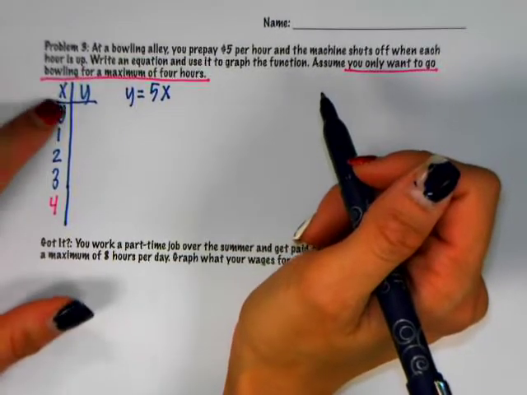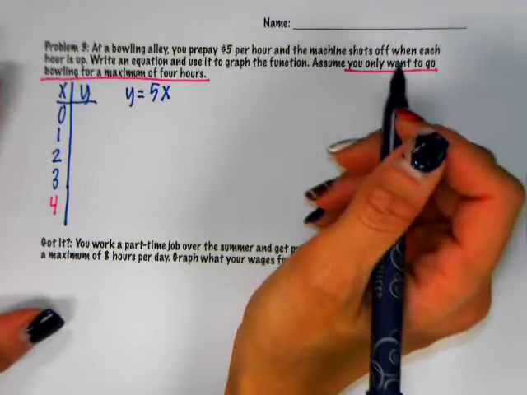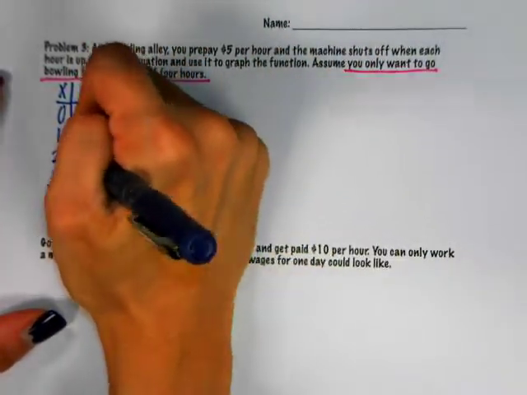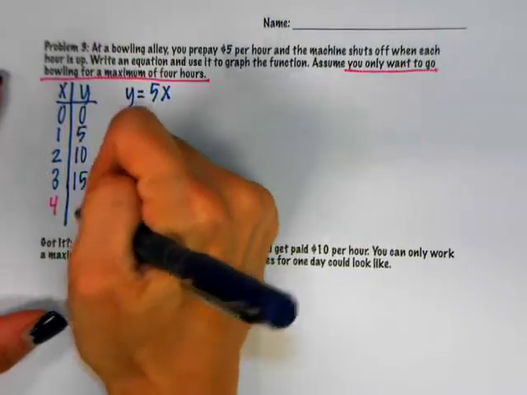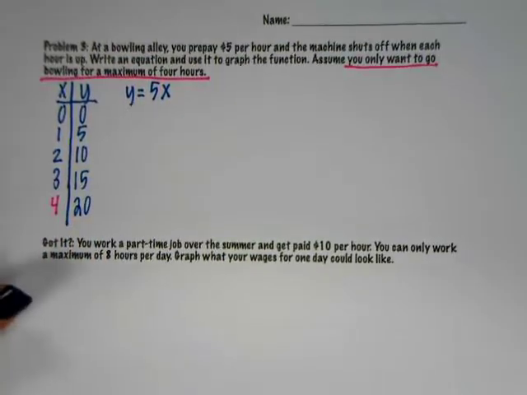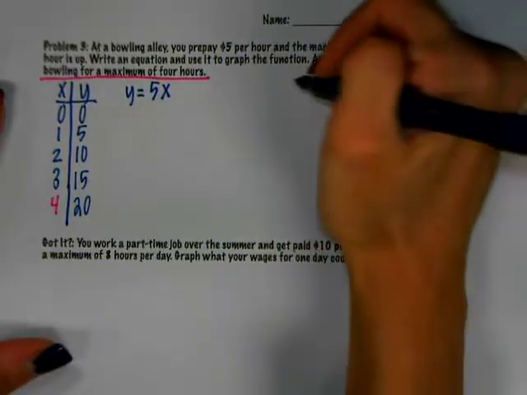All right, so if I go bowling for 0 hours, how much is it going to cost? 0? 1 hour? 2 hours? 3 hours? 4 hours? 20. Yep. Okay, so let's make a graph.